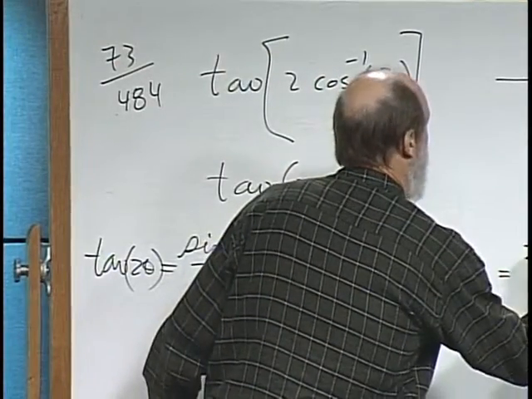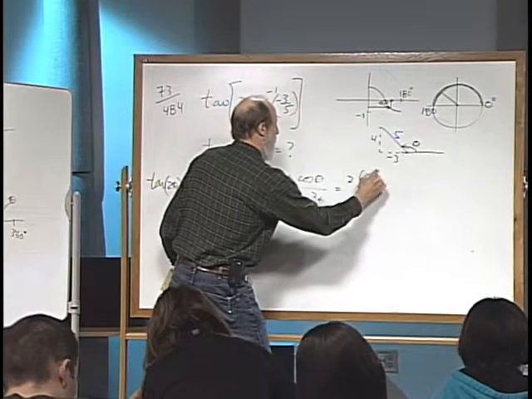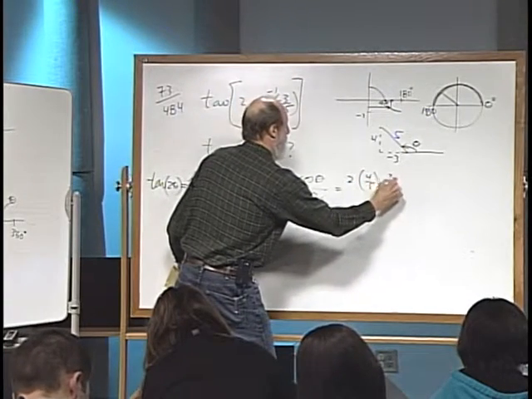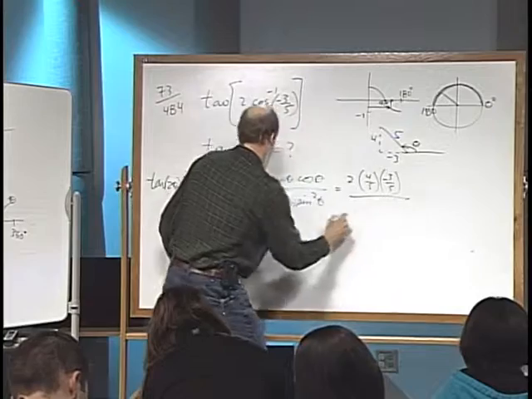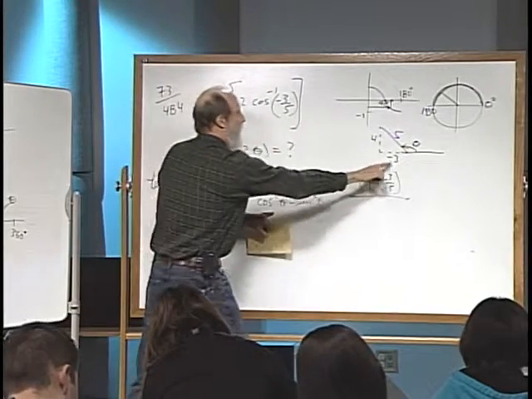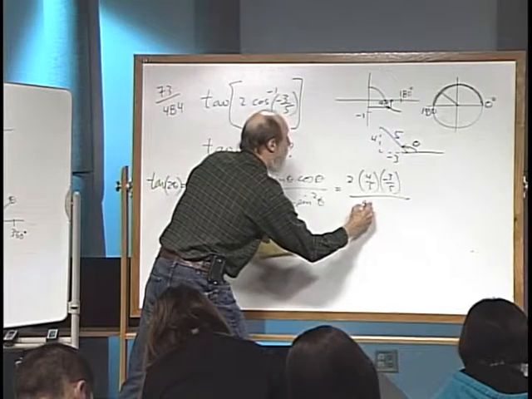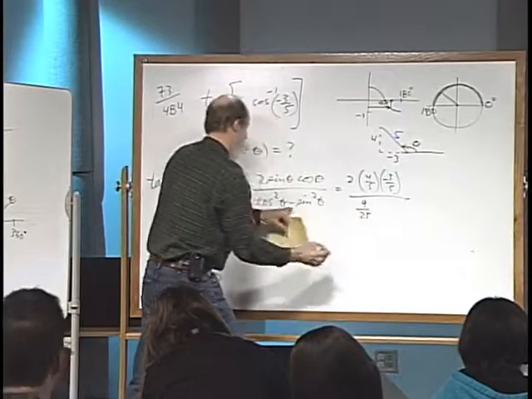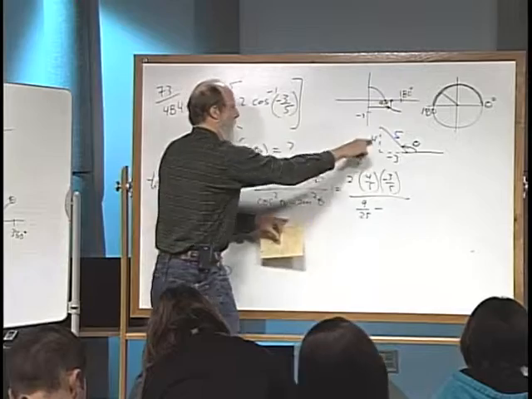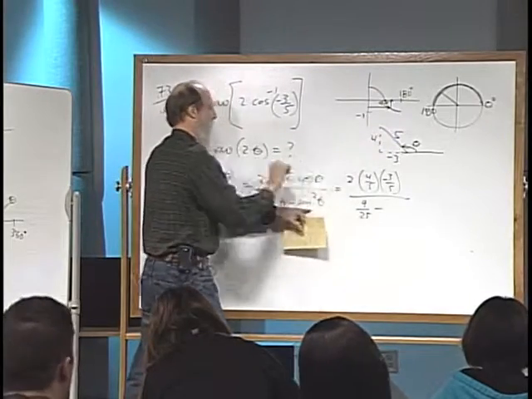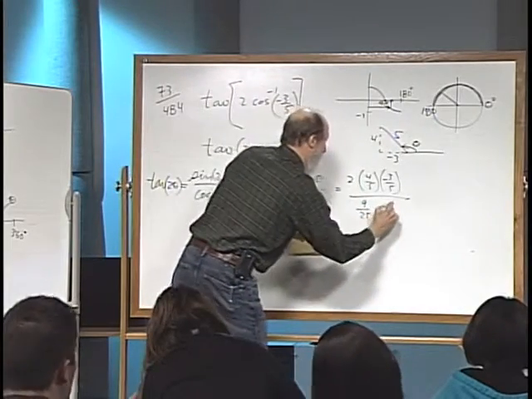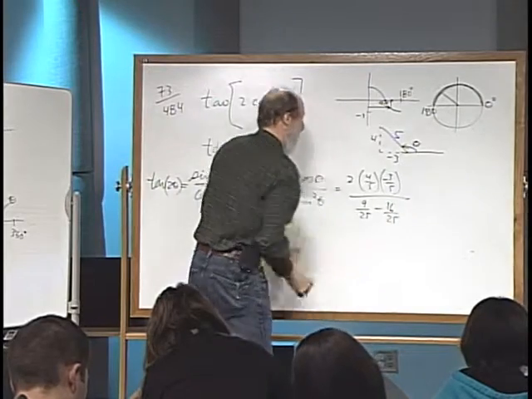We have twice 4/5 times -3/5 divided by the cosine squared, which is -3/5 squared, 9/25, and we're subtracting from that 4/5 squared, the sine reading squared, which is 16/25.